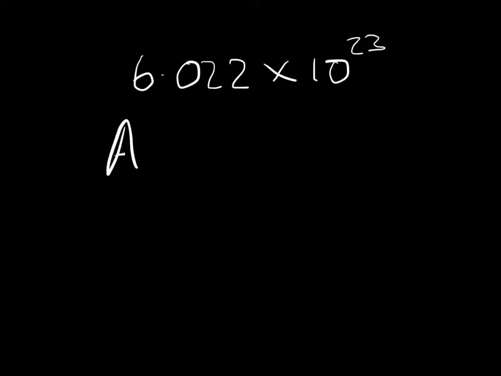The number of atoms in exactly 12 grams of carbon-12 is 6.022 times 10 to the 23. This is a rather large number. This is called Avogadro's number.